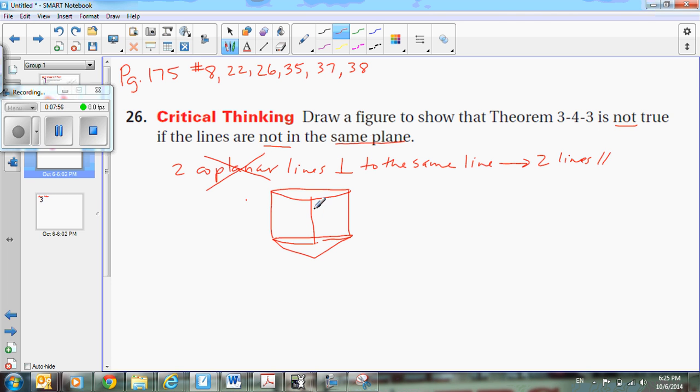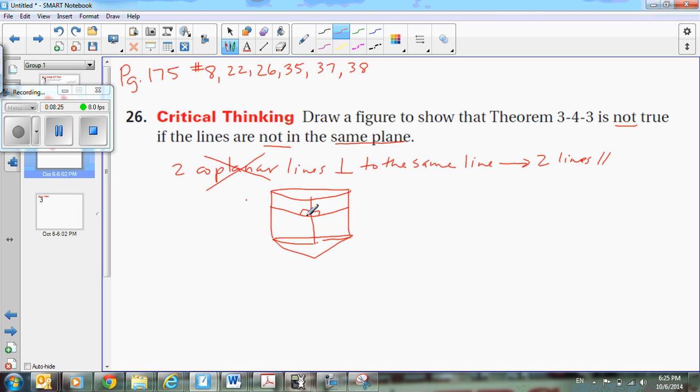But anyway, if I'm going to draw a segment on this side of the wedge, okay, that's perpendicular to this edge, and then draw one on this side of the wedge. This is not a very good drawing. I'm sorry, guys. Okay, then we would have two segments perpendicular to the same segment, but they are not parallel to each other because they're not in the same plane. Okay, again, think of a wedge of cheese or a triangular prism.